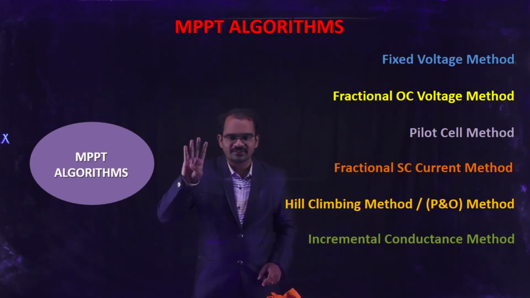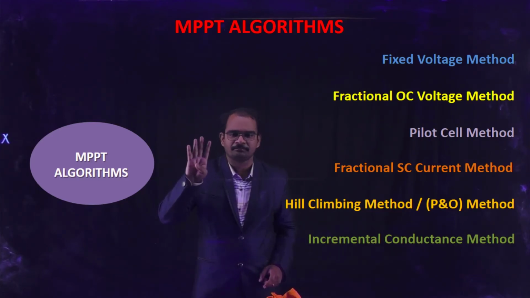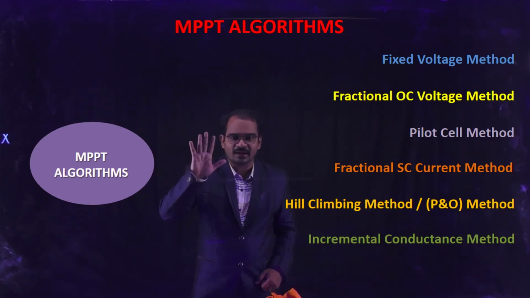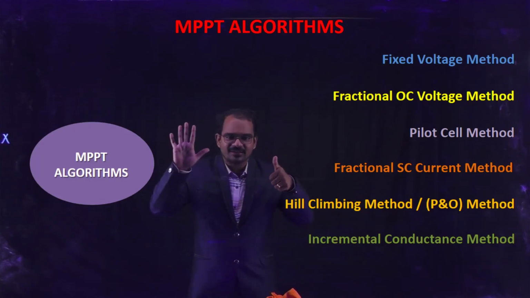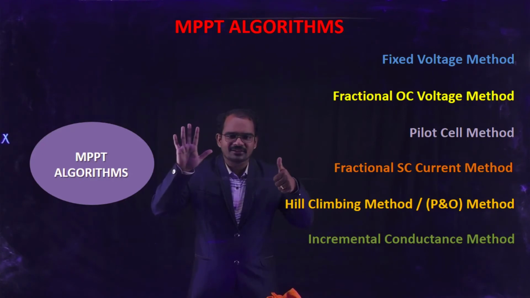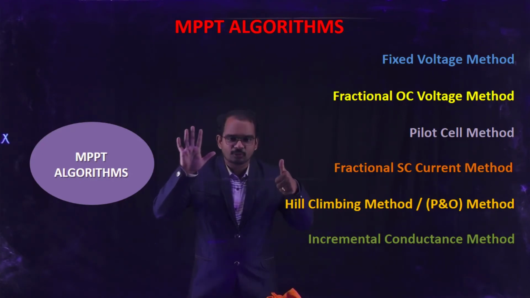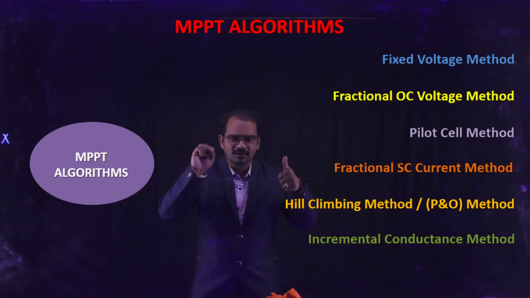The fourth one is the fractional short circuit current method or algorithm. And the fifth one is the hill climbing method or perturb and observe, in short P and O method or algorithm. And the last one is the incremental conductance algorithm. All these are the 6 different algorithms which we are going to see in this particular class.